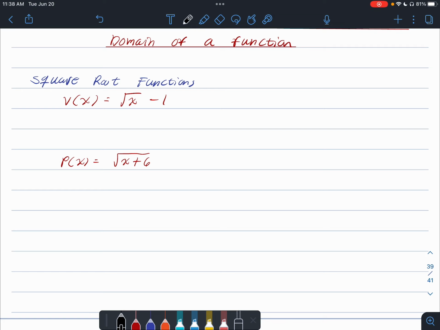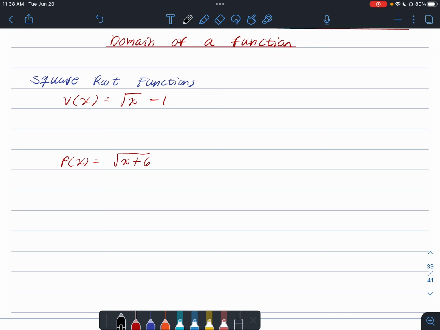If you have a negative number, like the square root of negative 1, that wouldn't give you a real value in the end. So anytime you see a function with a square root sign, anything underneath that square root sign has to be greater than or equal to 0.